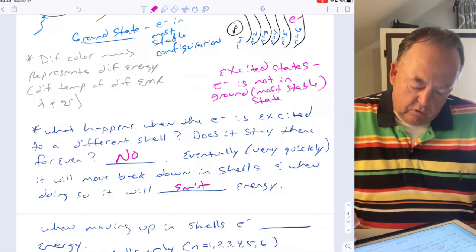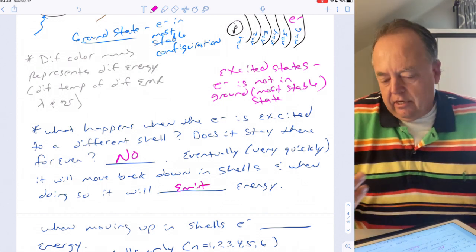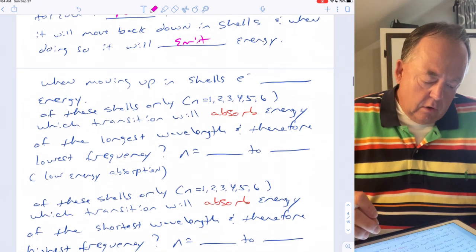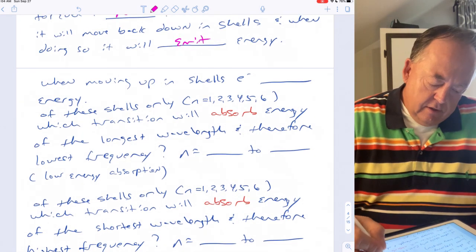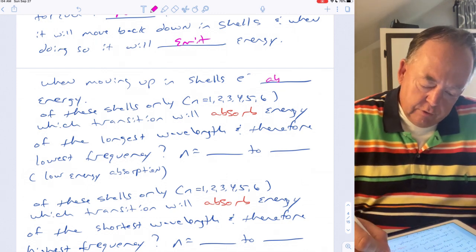So if it moves back down in shell, in doing so, it will emit the energy that it absorbed. Okay, so when moving up in shells, the electron absorbs energy.